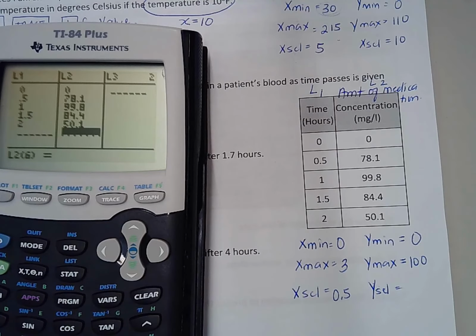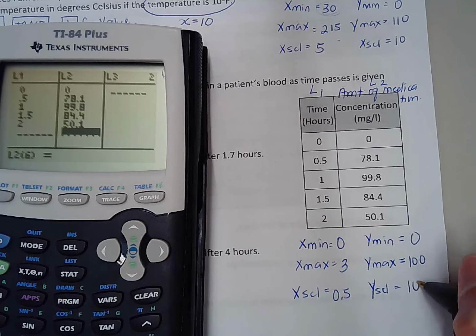And if your scale is 20, it's going to be farther apart, because it's 0, 20, 40, 60, 80, 100. So does it really matter? Not really, so pick whatever you like. I'm going to pick 10. Not too many tick marks and not too few.